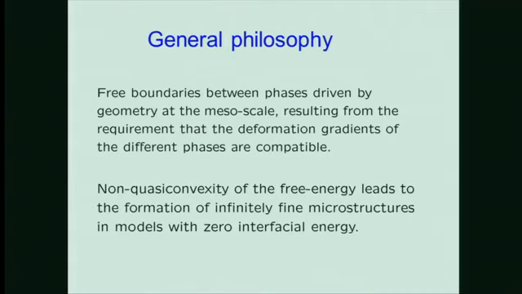Quasi-convexity, I'll try to explain, is the central convexity condition of the multidimensional calculus of variations. And so the fact that the energy is not quasi-convex leads to the formation of infinitely fine microstructures in the models which I'm going to be using, which ignore or put to zero interfacial energy.